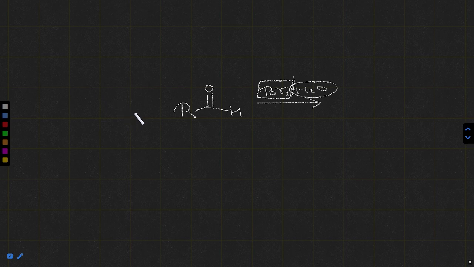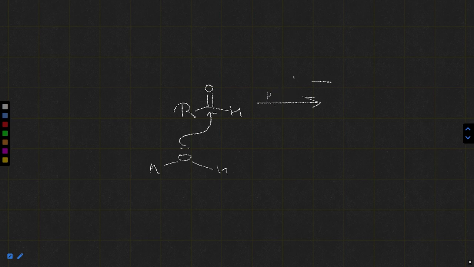Because if you have to do a nucleophilic attack, the energy levels should match, and bromine falls in a very high period, so the lone pairs are present in a very high energy orbital. So it would be difficult for it to donate, and therefore H2O, whose lone pairs are on the oxygen atom, which falls in the same period, will attack. H2O will attack here.